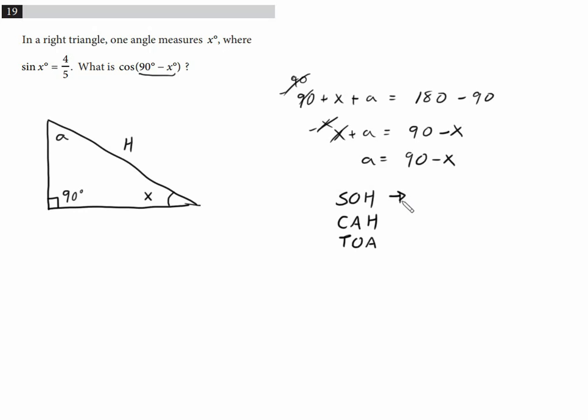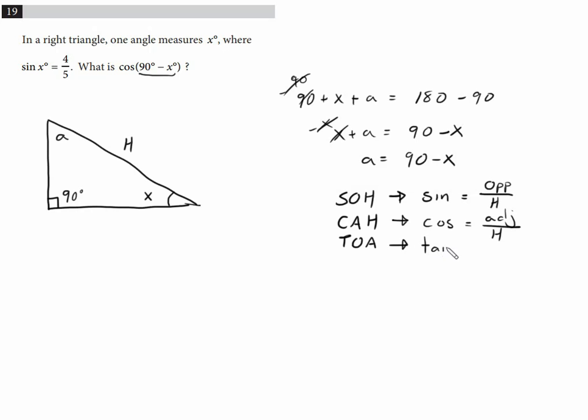And what this is used for is remembering that the sine is equal to the ratio of opposite over hypotenuse. Cosine is adjacent over hypotenuse.